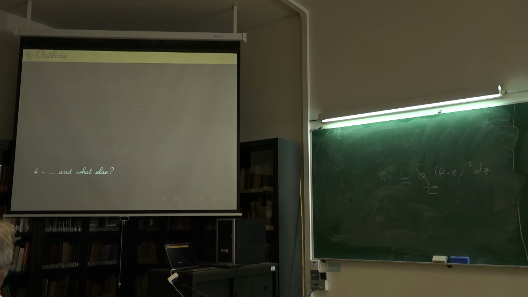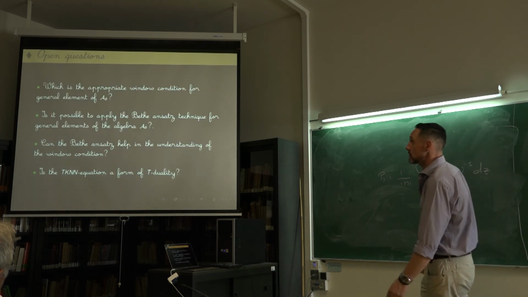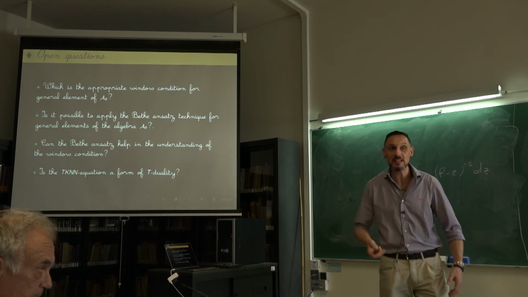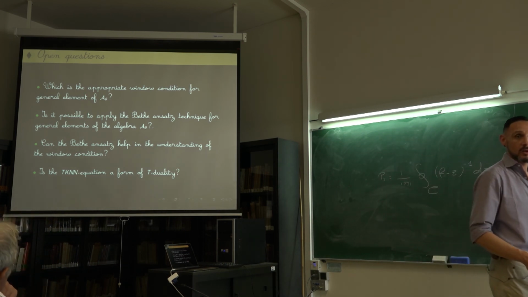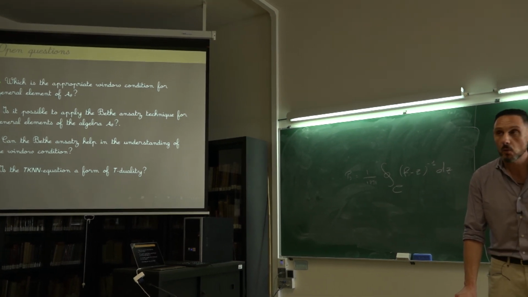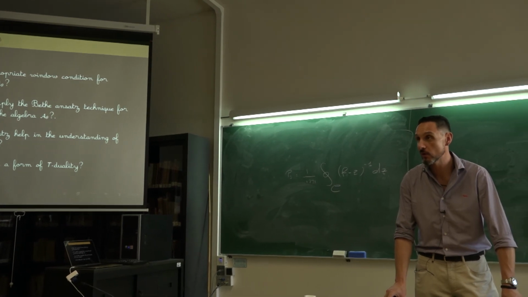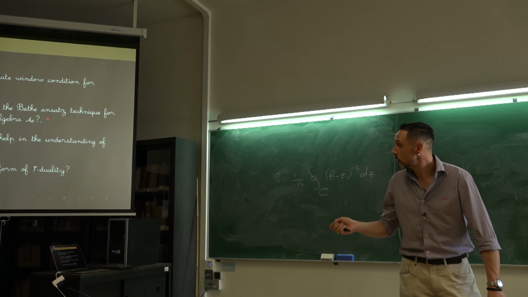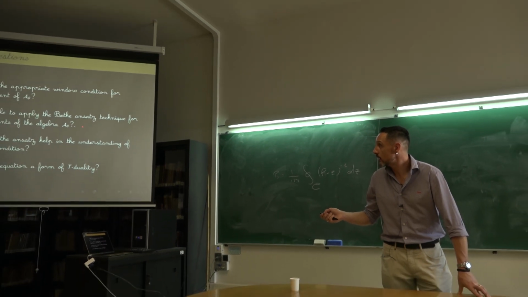What else? This is my last slide. There are some open questions. For instance, the TKNN equation works for every element of the non-commutative torus, but what we don't know is the window of conditions for a given element which allows us to solve the Diophantine equation. The second question, this is a curiosity at this level.